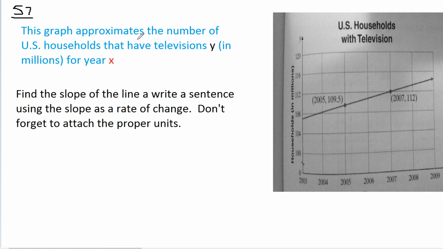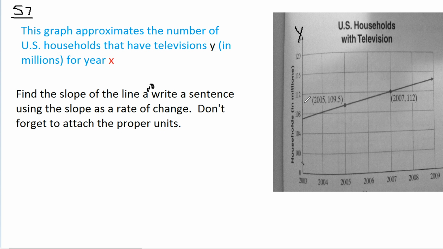This graph approximates the number of U.S. households that have televisions Y, the y-axis they're talking about here, in millions for year X. And here are the years from 2003 to 2009 that can be depicted on the graph. Find the slope of the line and write a sentence using the slope as a rate of change. Don't forget to attach the proper units.